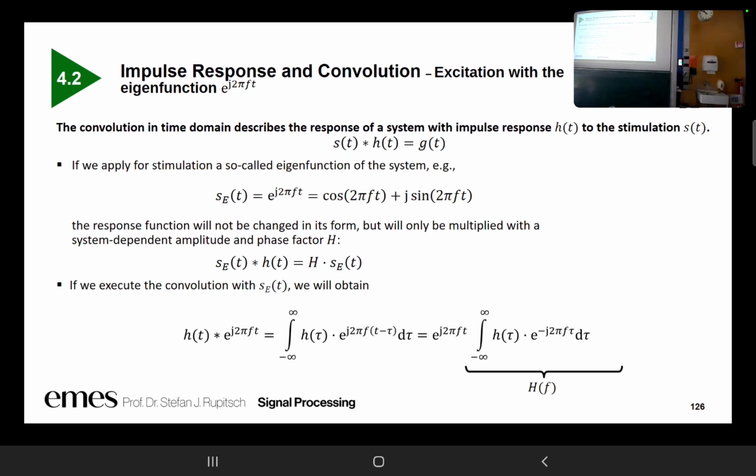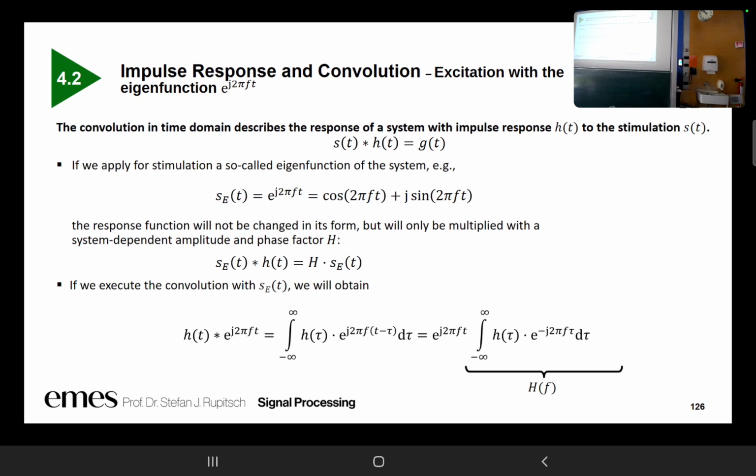We do not call it impulse response, we call it the frequency response, the transfer behavior of our system. And how can we calculate this? In a simple way, we only have to transform the impulse response from the time domain into the frequency domain.